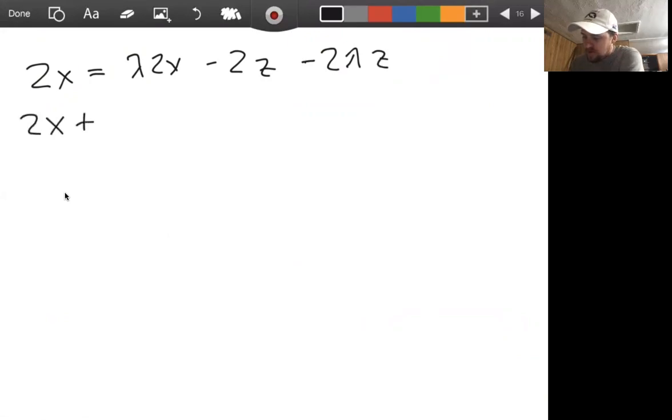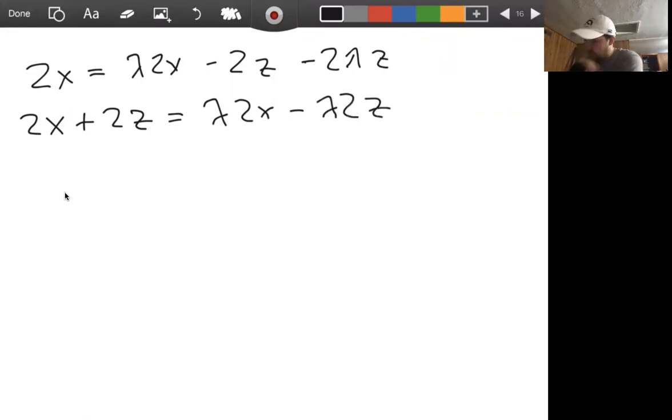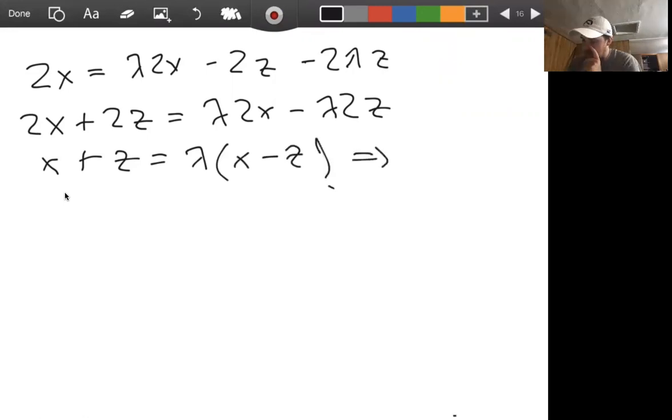I can have 2x plus 2z equals lambda 2x minus lambda 2z. Well, I can cancel a 2 from everything and get x plus z equals lambda. And then I can also pull out the lambda, right? So x minus z, which gets me that lambda is equal to x plus z over x minus z, right?